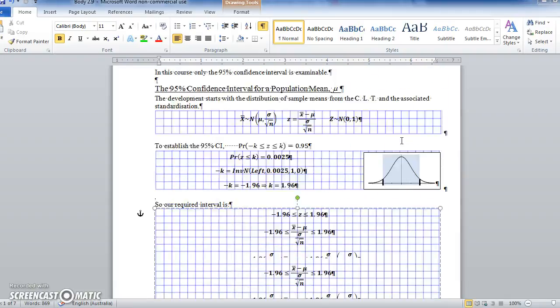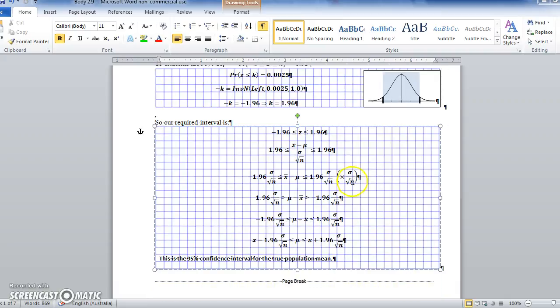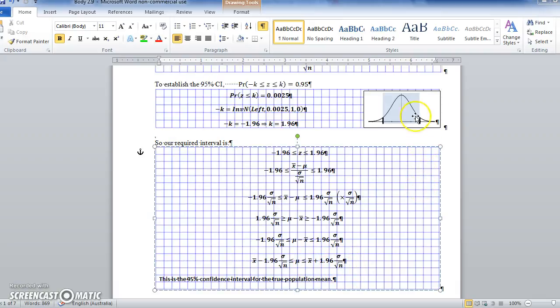Just to finish off what I was saying here, this is how we calculate the 95% confidence interval for our population mean from the mean of our sample and the standard deviation of our sample, or from the standard deviation of the population and our sample size.